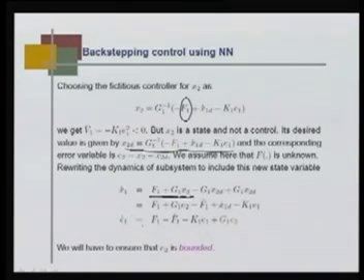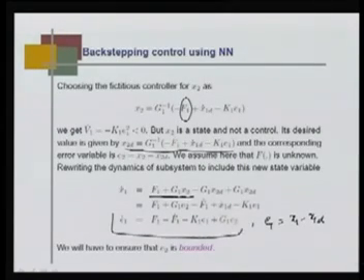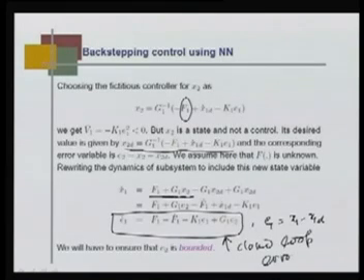I can take x1d dot to the other side and write this as e1 dot, because my e1 is x1 minus x1d. So, this is called the closed loop error dynamics, which is f1 minus f1 hat minus k1 e1 plus g1 e2.